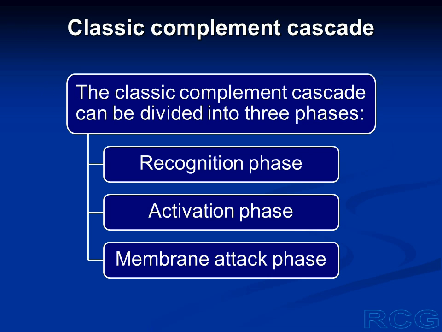I will first look at the classic complement cascade. In this series of reactions, there are three phases. The series of reactions can be divided into three phases, and these phases are recognition phase, activation phase, and membrane attack phase.